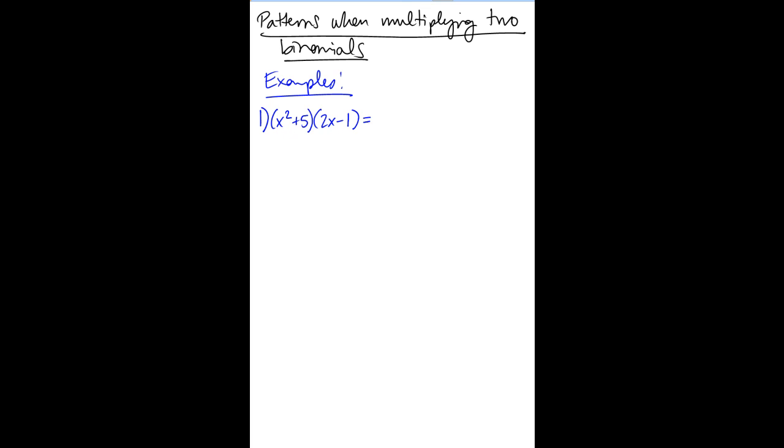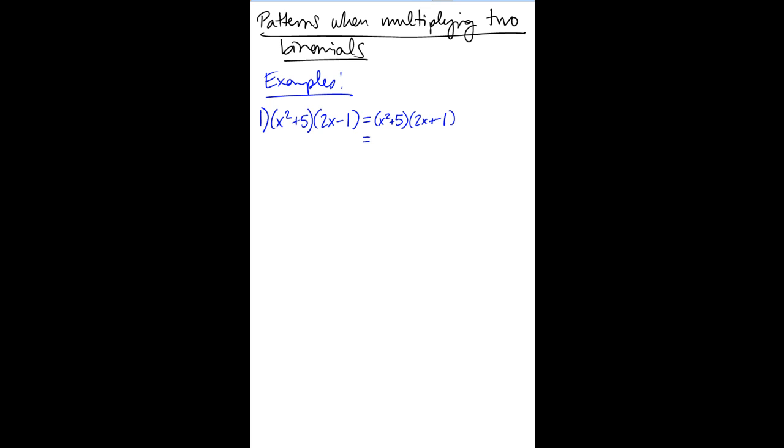Okay, so the way I would go ahead and multiply these is I'd start by changing everything to addition. So I'll write the 2x minus 1 as 2x plus negative 1 because I like to do that. And then I'll go ahead and use my distributive property.